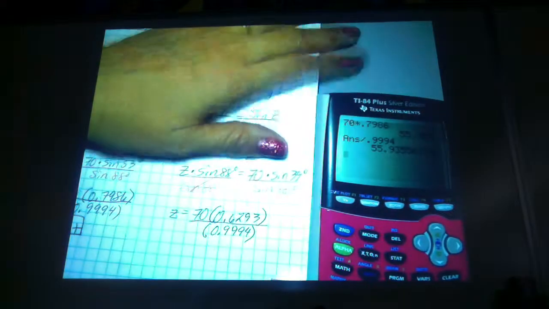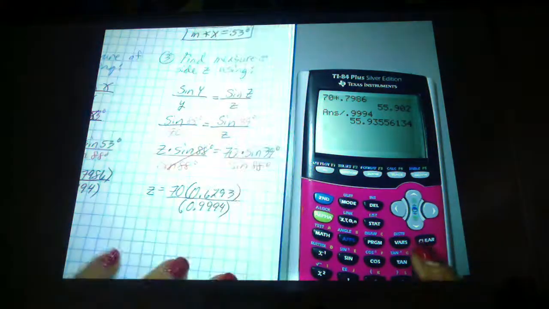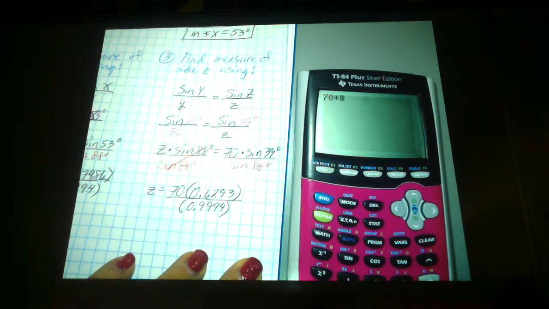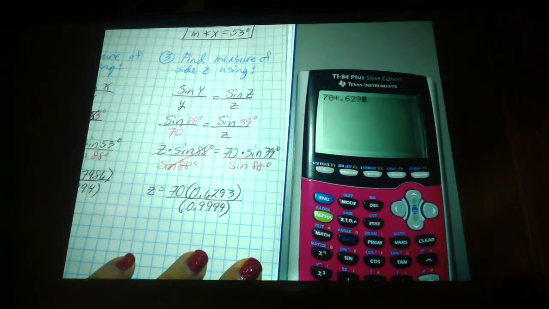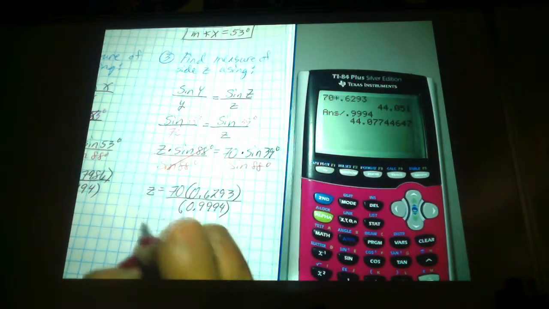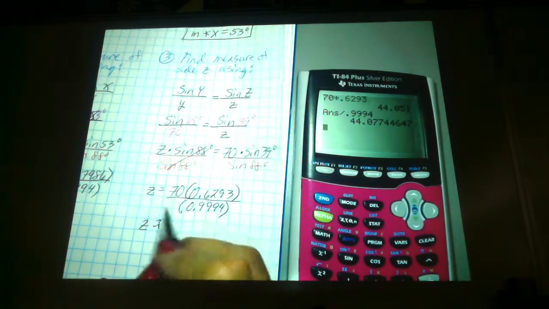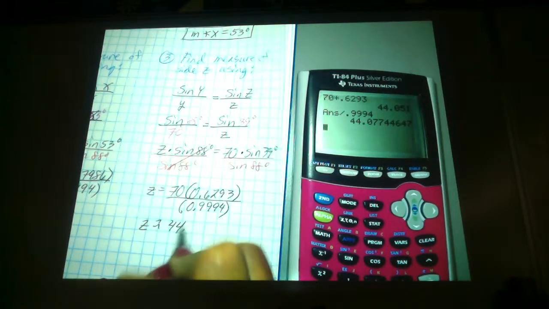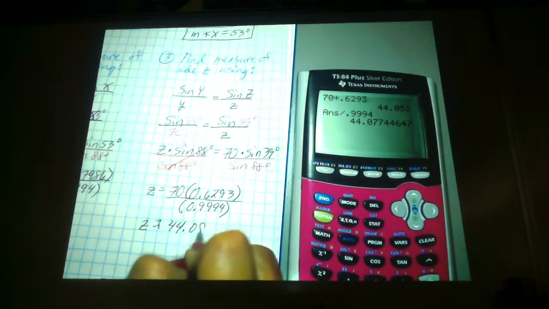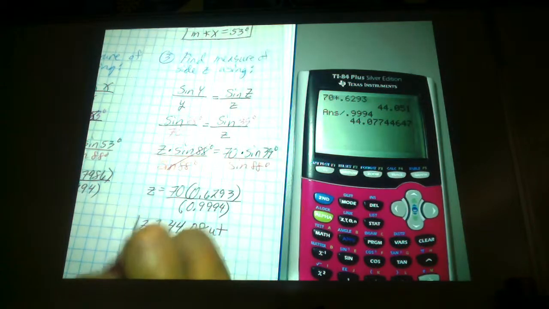So on the calculator, I've got 70 times 0.6293 gives me that, divided by 0.9994 gives me that. So I've got Z is approximately equal to, we're going to round to 2 decimal places, 44.08, and again Z is in units because it is a side length.